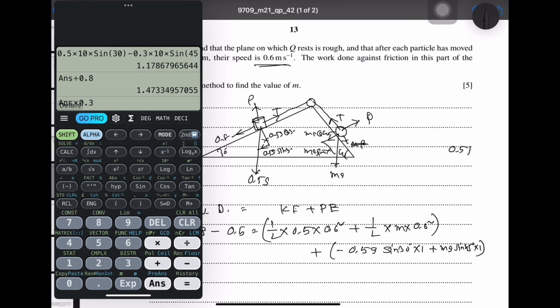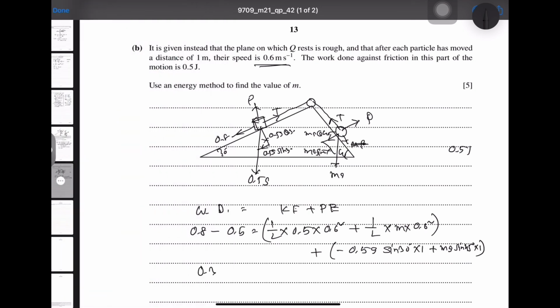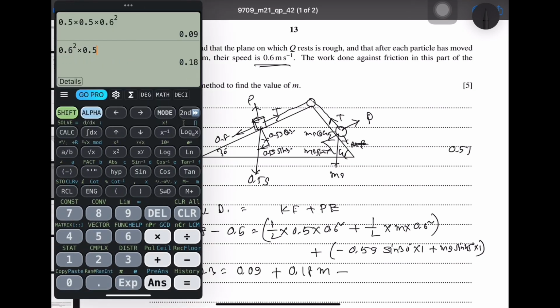Okay, now let us simplify. 0.3, then 0.18 m minus 0.5 into 10 into sin 30, which is 2.5, plus 10 into sin 45, which is 7.071 m.